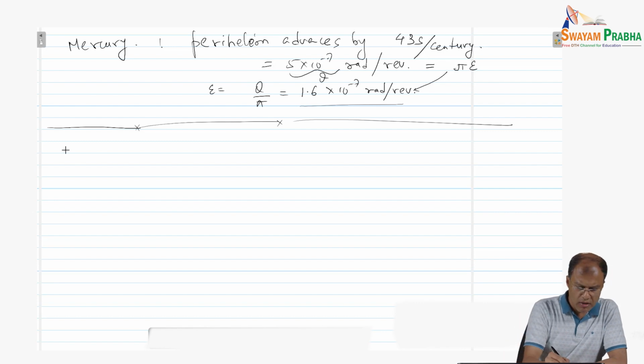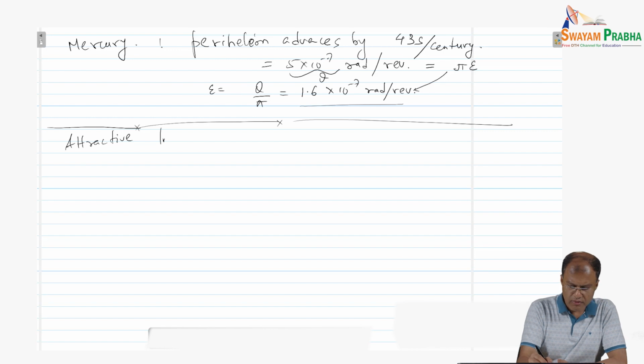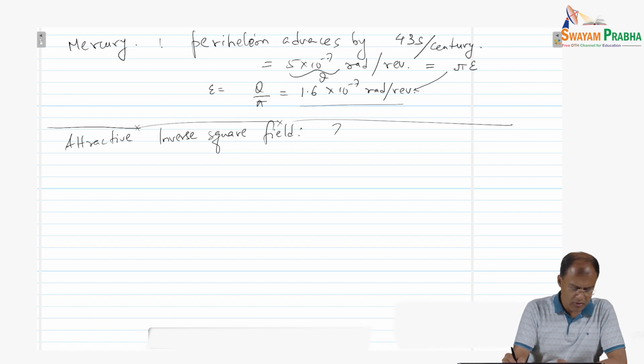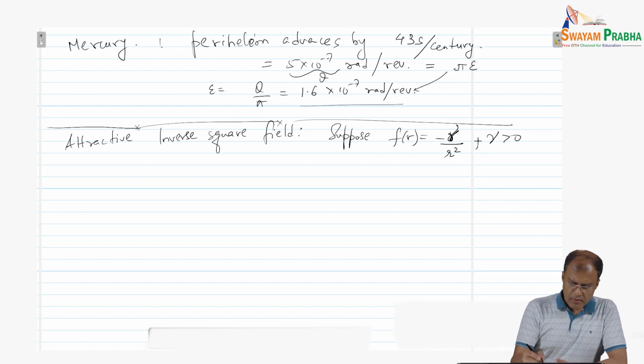So we are talking about the attractive inverse square field. Suppose f of r is minus gamma divided by r square, where gamma is greater than 0, and f of 1 over u is minus gamma u square.